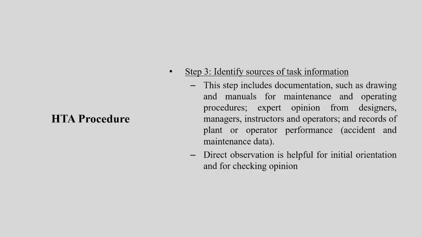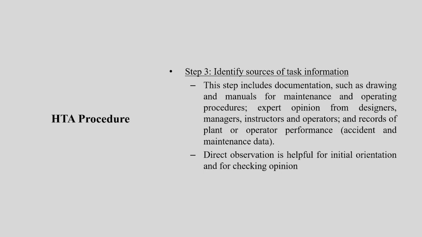So, identify the source of task information. As I mentioned, here identifying the input source is very important. This step includes the documentation such as drawings, manuals for maintenance and operation procedure, expert opinion from the designers, managers, instructors and the operators, and the records of the plant and operator performance.